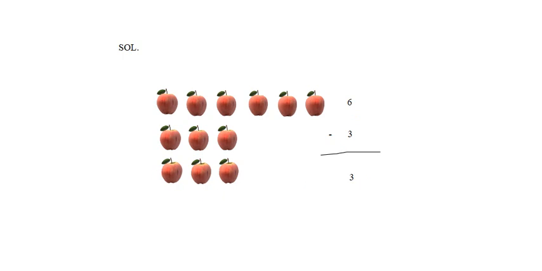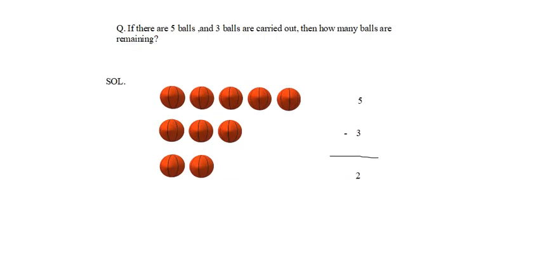Okay. Let's move to another question. If there are 5 balls in total and 3 balls are removed or carried out from here, then how many balls are left or remaining? Here also we use the statement of remaining, so we will use subtraction. So we have 5 balls. 1, 2, 3, 4, 5.